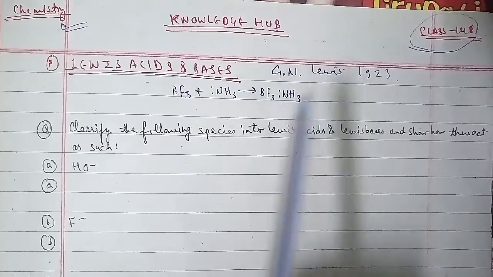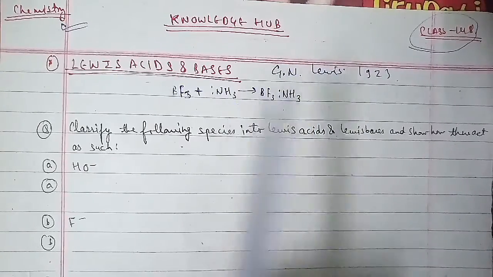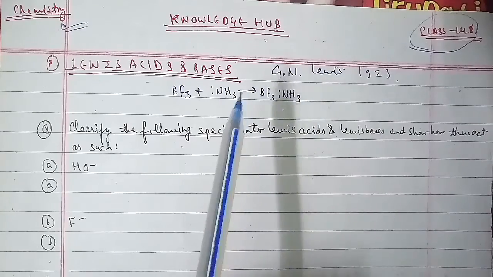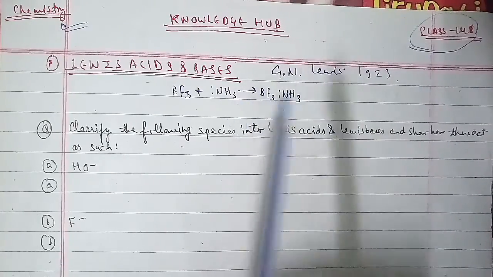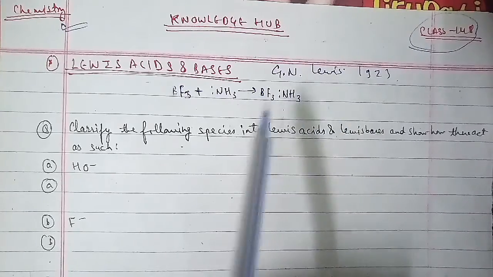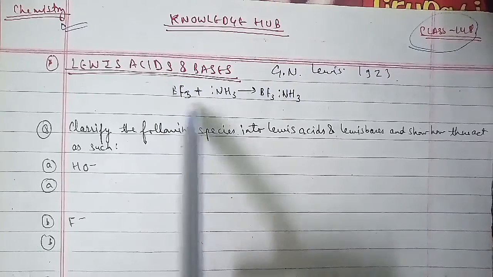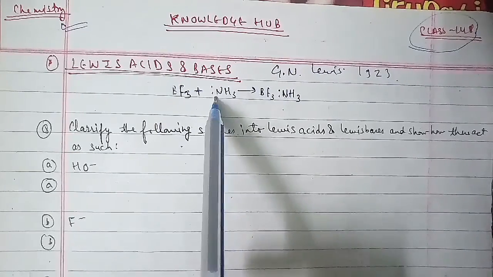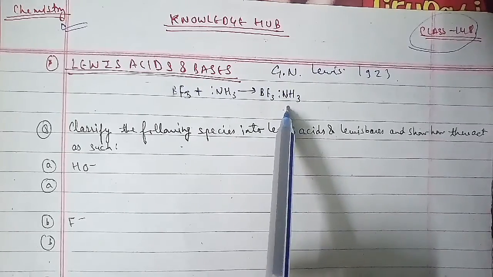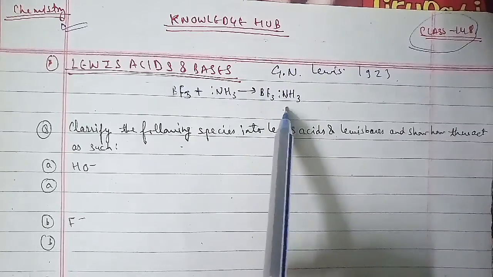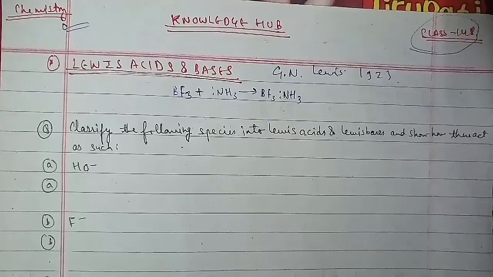However, in the Lewis concept, many acids do not have a proton, and a typical example is the reaction of BF3 with NH3 that we had done here. BF3 plus NH3, with its lone pair, reacts and gives the BF3-NH3 adduct.